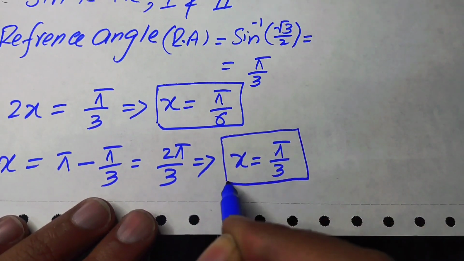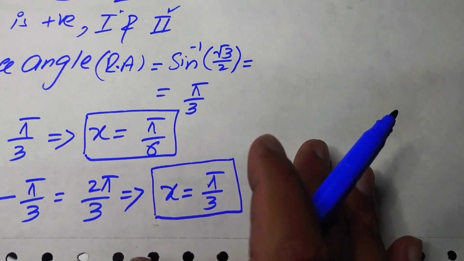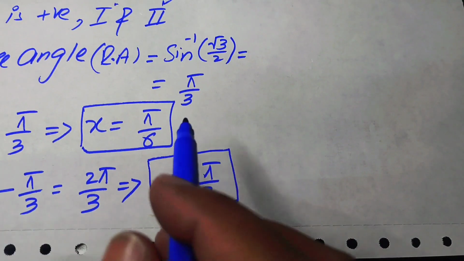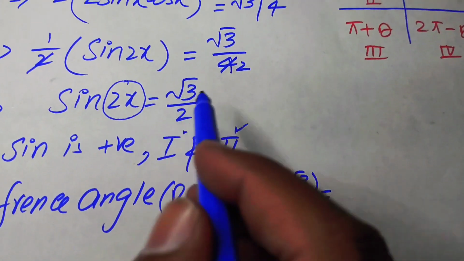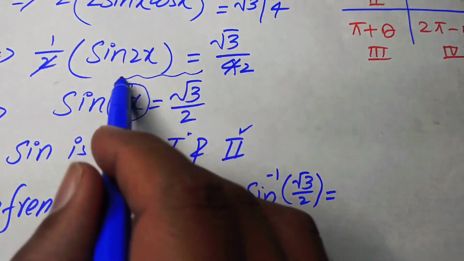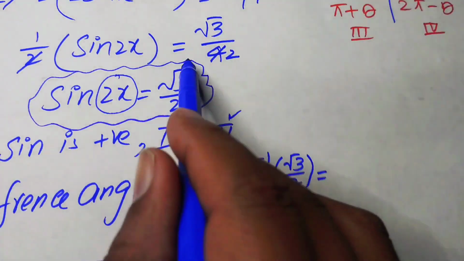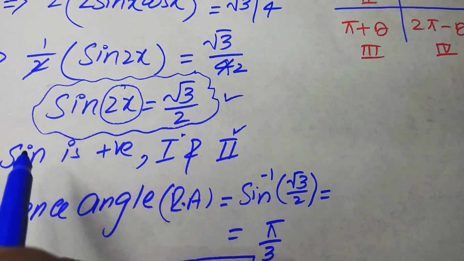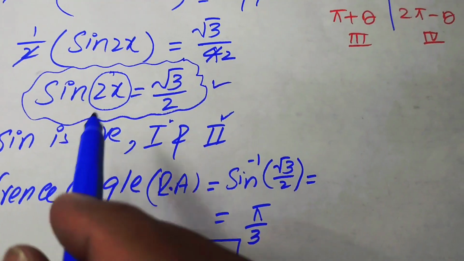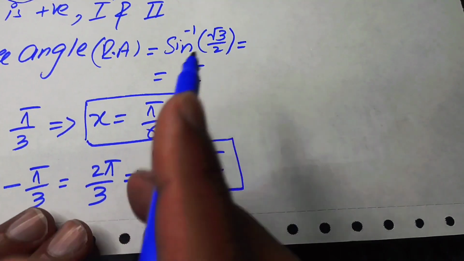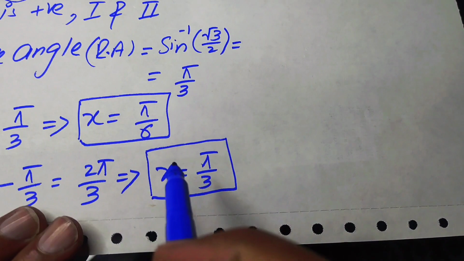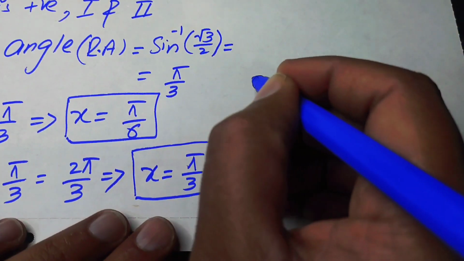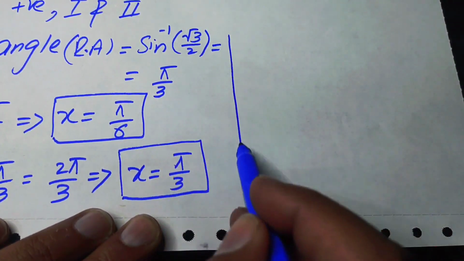Okay, after that we will check the period of our given function. So here we check the period, and we know that the period of sine is 2 pi. So here we will check that our solutions lie in the interval 0 to 2 pi.